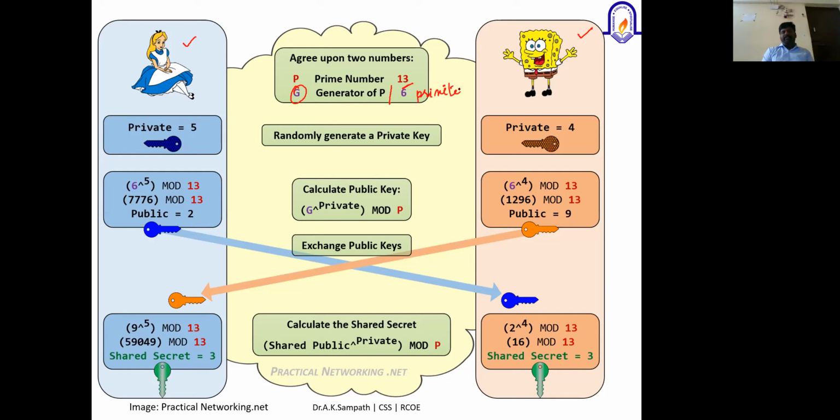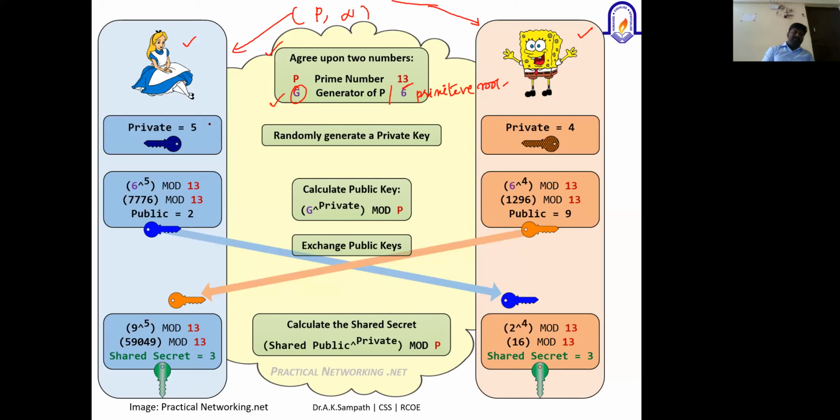I hope this is clear. Primitive root. These two are the common global values, right? The p value, followed by the alpha value or g value, which are known to both the sender as well as the receiver. By the way, these two are called common global parameters.